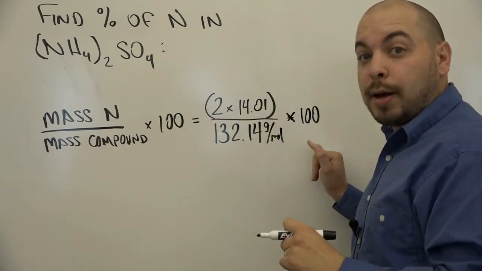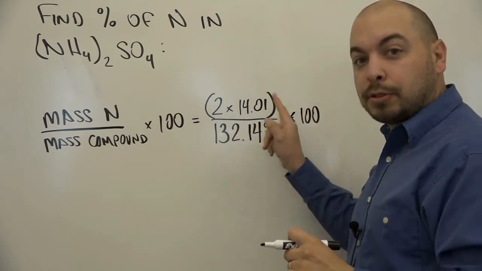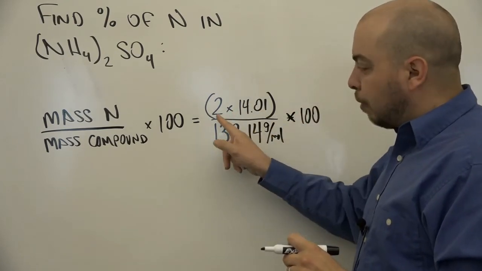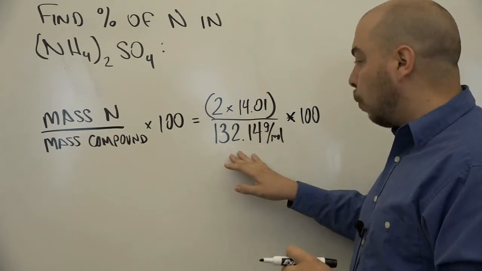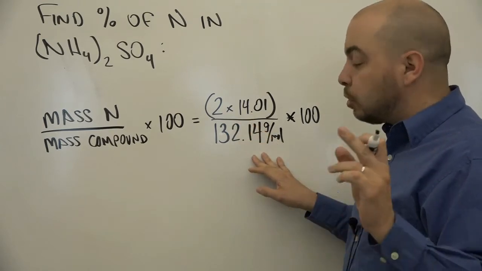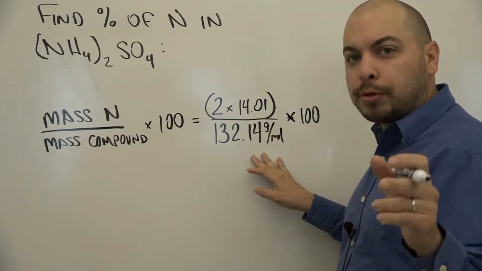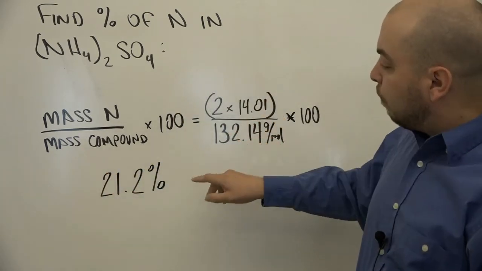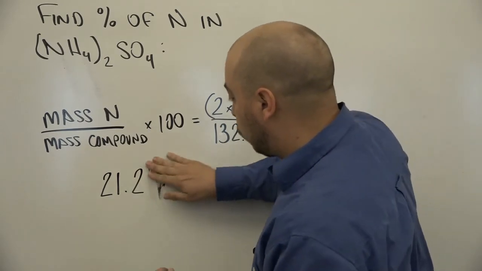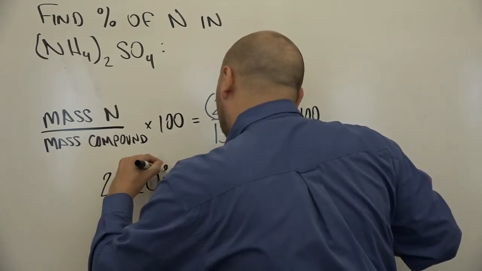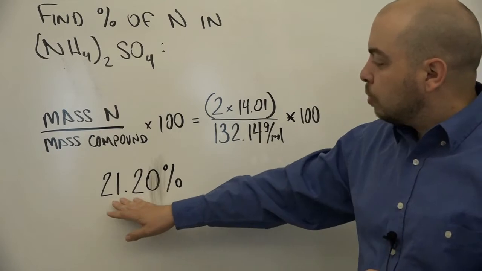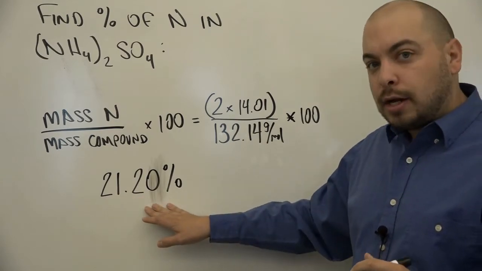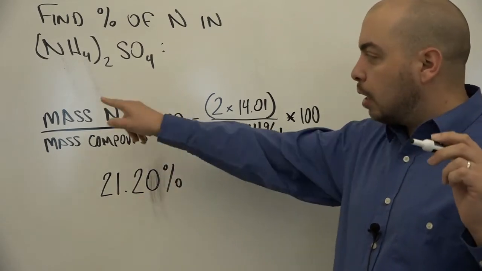Can't forget to multiply by 100 because this is going to need to be a percentage. And if you do the math out, 28.02 divided by 132.14 gives us 21.20%. For sig fig purposes, there's going to be 4, so it's 21.20%. 21.20% of nitrogen in ammonium sulfate.